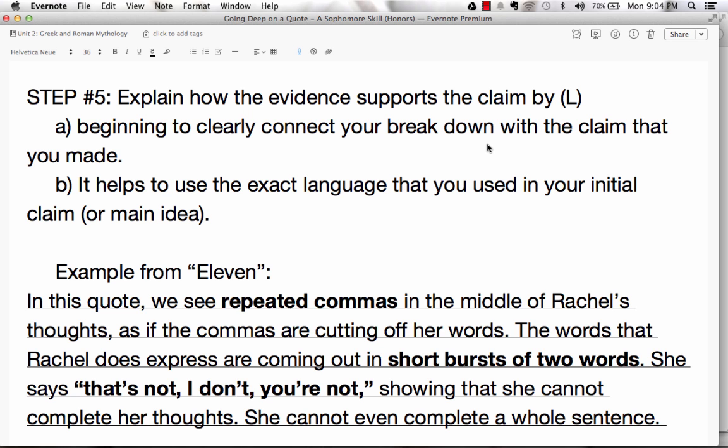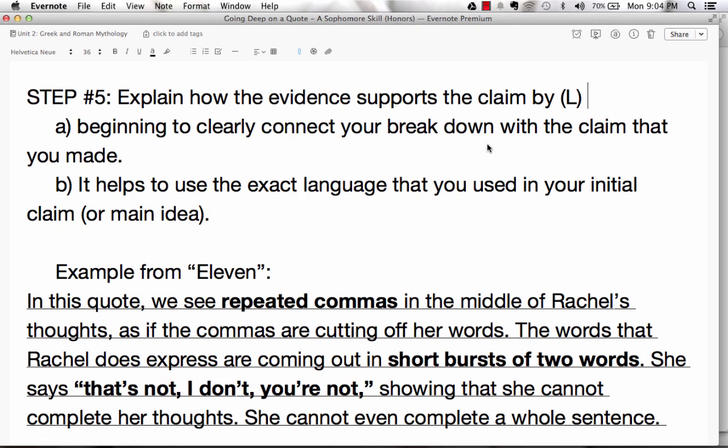Okay, so step number 5 is basically the link that you practiced really hard last year. So explaining how the evidence supports the claim. You had 2 different kinds of evidence. You had the actual evidence itself, and you had the breakdown.